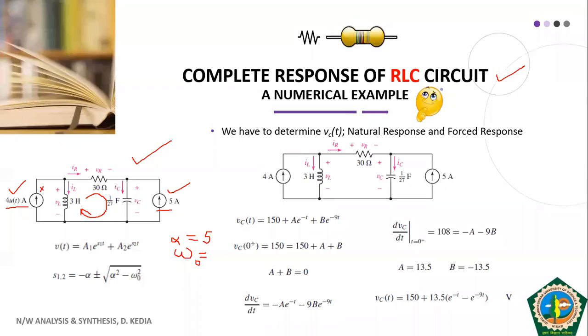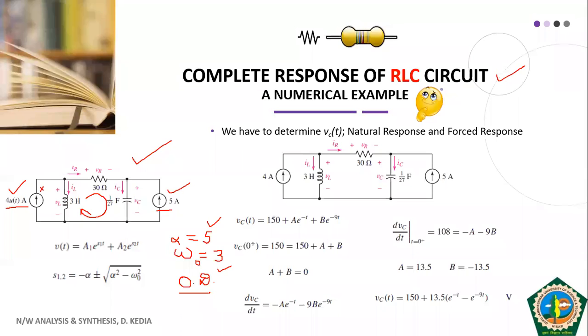If you calculate the value of omega naught using L and C here, that value will come out to be 3. Okay. And now you compare alpha and omega naught. Since your alpha is greater than omega naught, what does it mean? That our circuit is overdamped. So let me represent overdamped with OD. So our circuit is now overdamped.